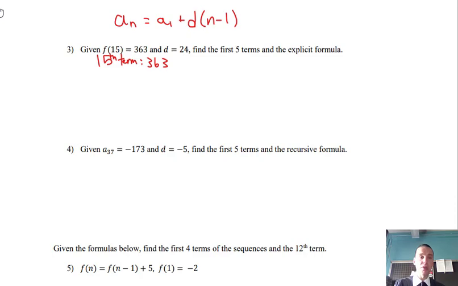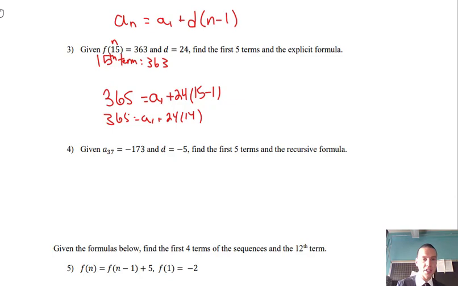And so we're going to say that 363 equals the first term, that's what we don't know, plus the difference, 24, times 15 minus 1. The 15 is our n. So 363 equals a1 plus 24 times 14. And that's going to give us 336. We'll subtract it. And we will get 27 to be our a1.